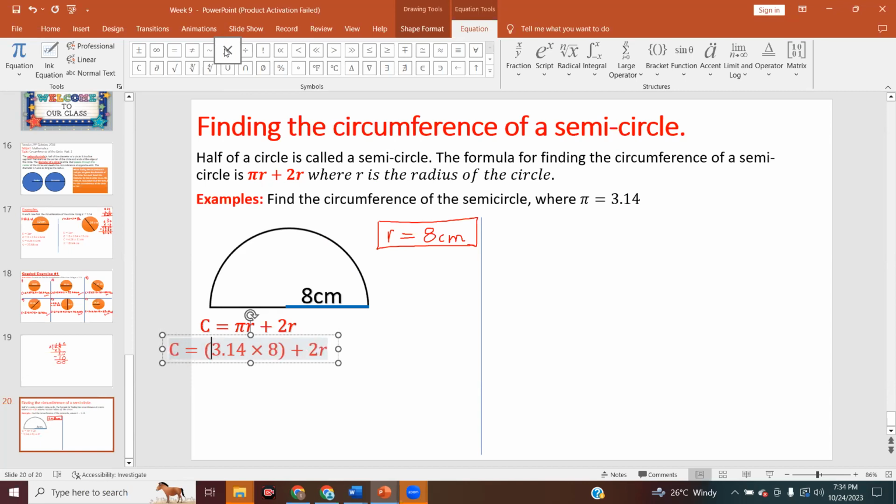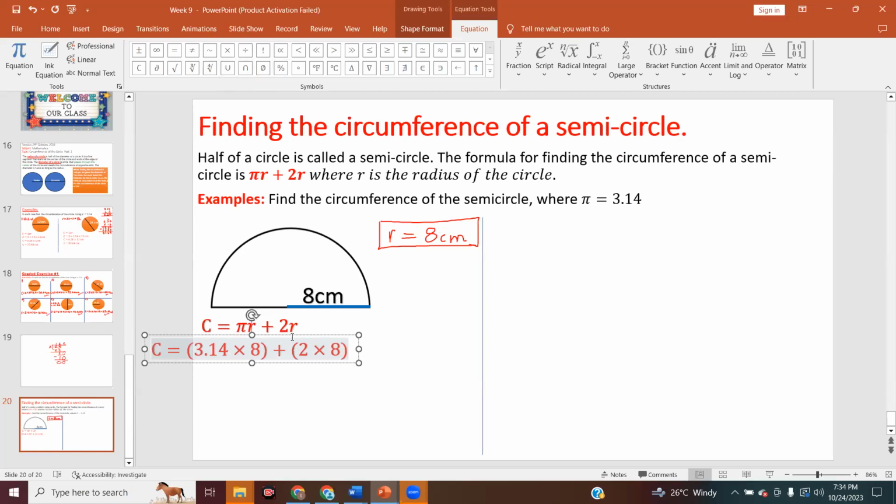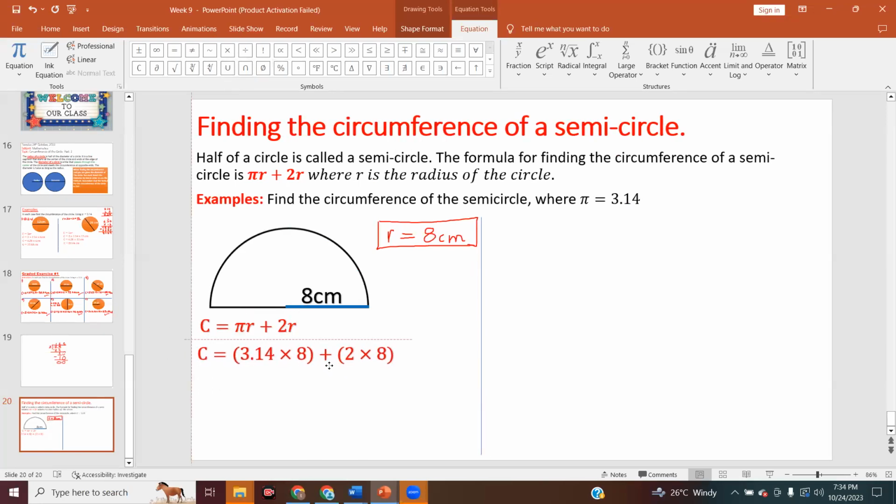And then what is 2 times r? 2 times 8. Let me put this also in brackets. So basically what we have now is pi times r plus 2 times r, so 3.14 times 8 plus 2 times 8.